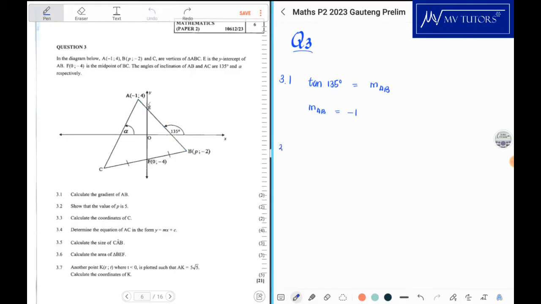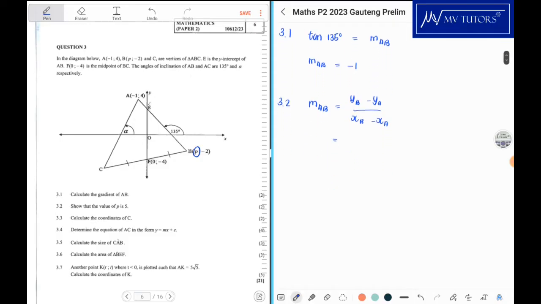Now 3.2, show that the value of P is 5. P is the x-coordinate of B. So I will go back, remember, the gradient of AB is the y-coordinate of B minus the y-coordinate of A over the x-coordinate of B minus the x-coordinate of A. Let us substitute what we know. The y-coordinate of B is -2. That of A is 4.